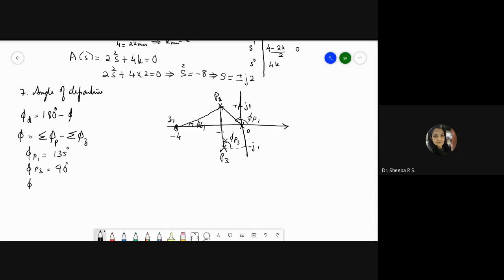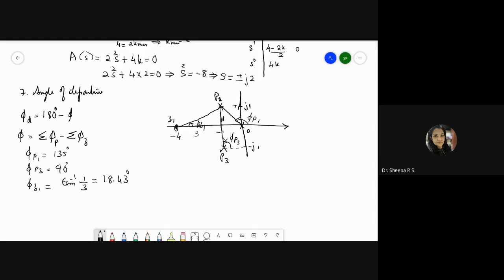Let me write phi z1, because we can directly calculate it. This is a triangle where the base is 3 and the height is 1. Magnitude we are taking. So phi z1 is tan inverse of 1 by 3, opposite by adjacent, which gives 18.43 degrees. So you have phi p1, phi p3, phi z1.